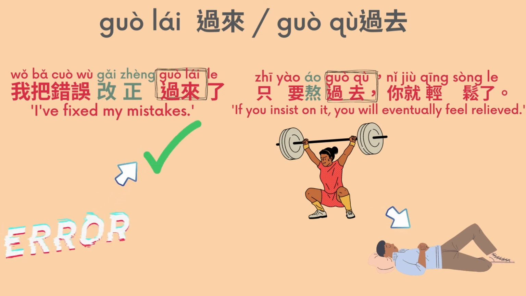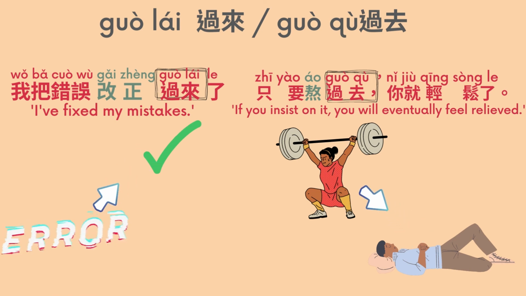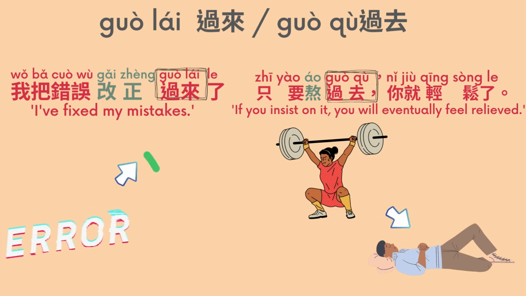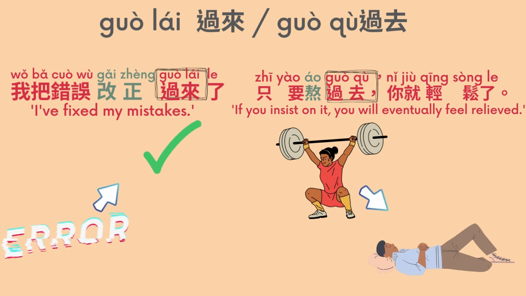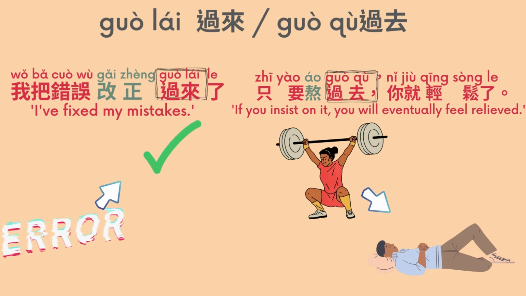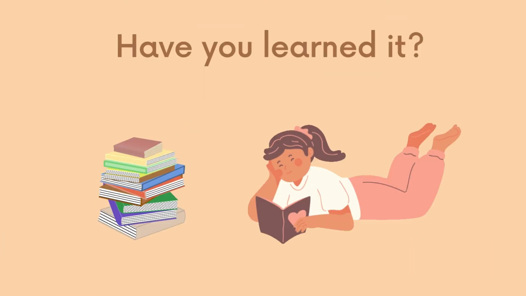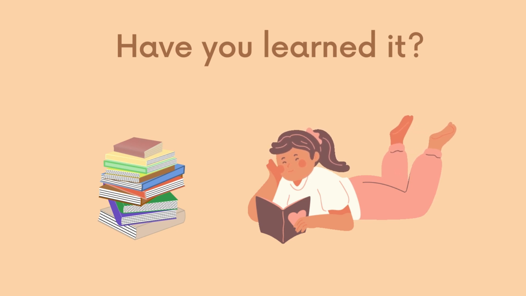The character that comes before 过去 is 熬. 熬 is a verb that means to torment. And when combined with the compound direction complement 过去, it means to overcome a challenge. When someone finally completes a difficult task or survives torture, they say 熬过去. Do you understand it?